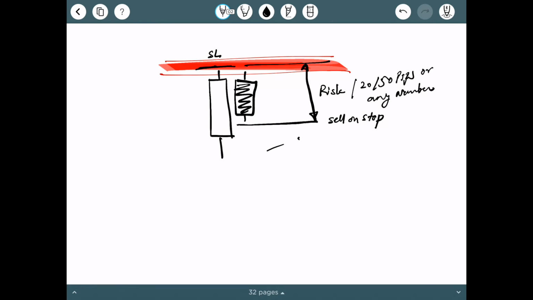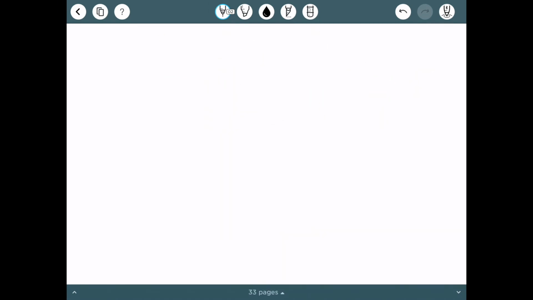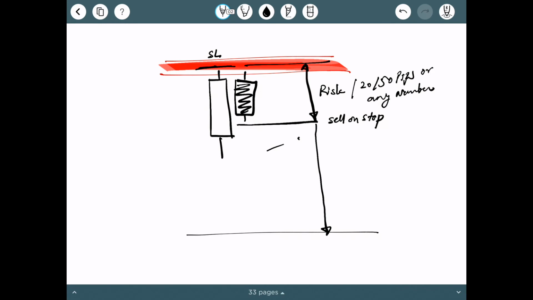And your target has to be at least 2 times the risk. If you do not see your target, when you project the target, you don't see 2 times the reward, 2 times the risk, I don't recommend doing this trade.